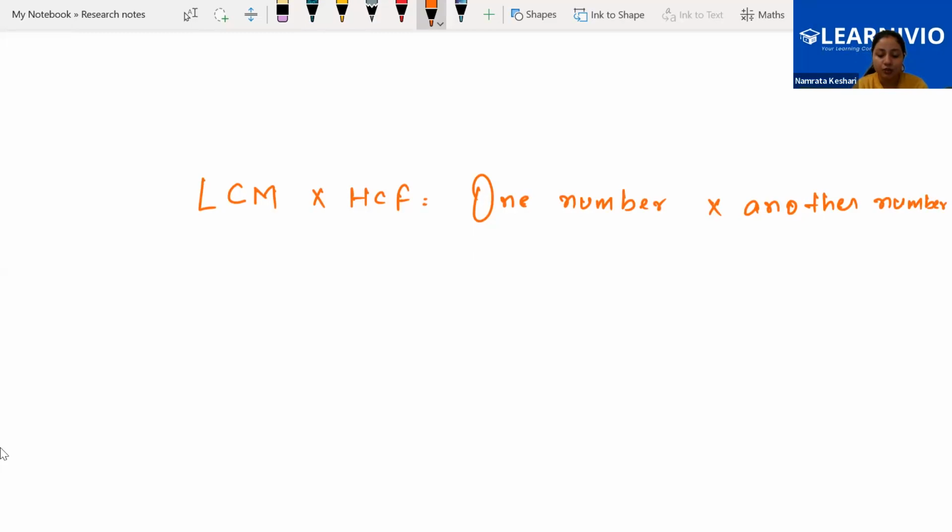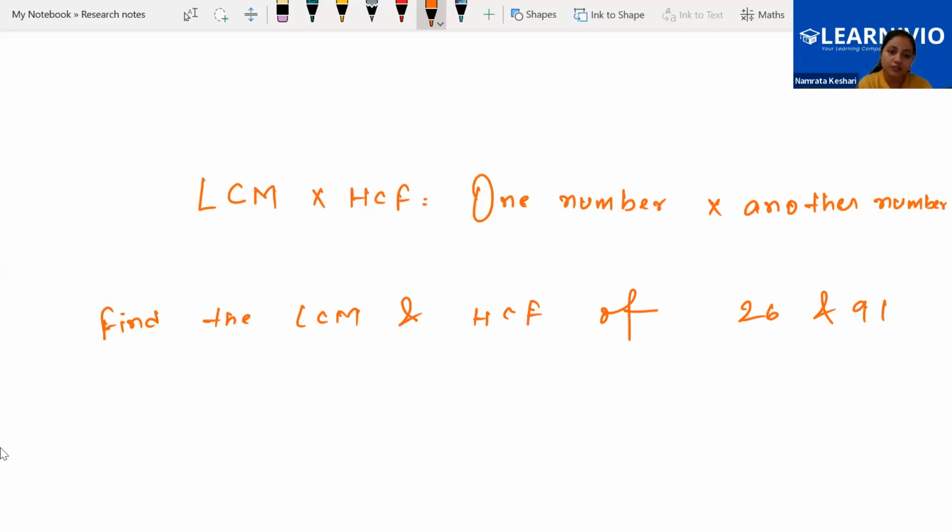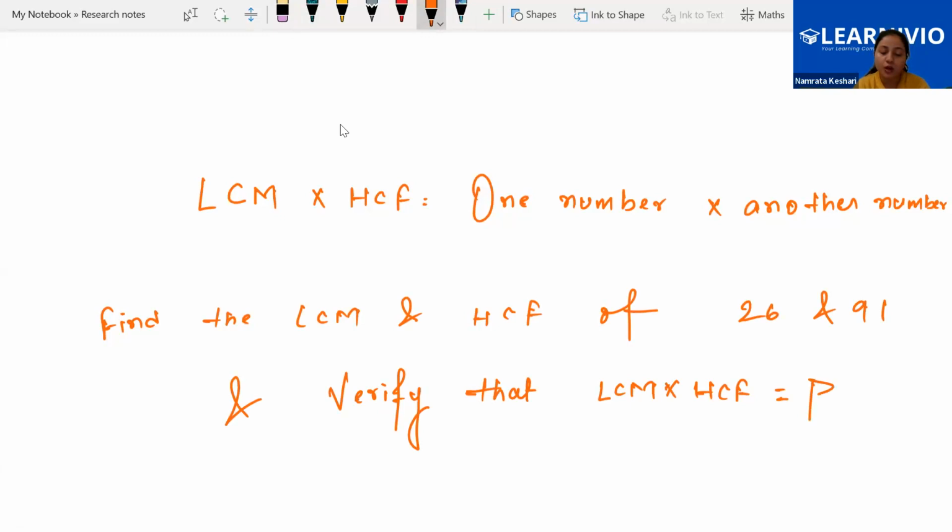Instruction will be given to you: find the LCM and HCF of 26 and 91 and verify that this formula, LCM into HCF is equals to product of two numbers.